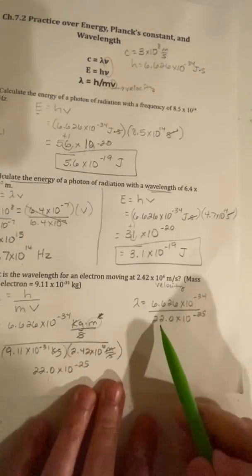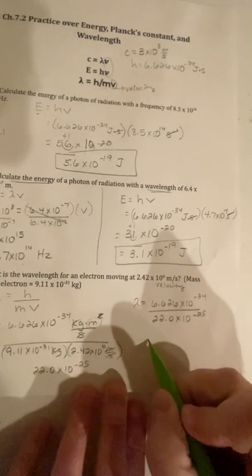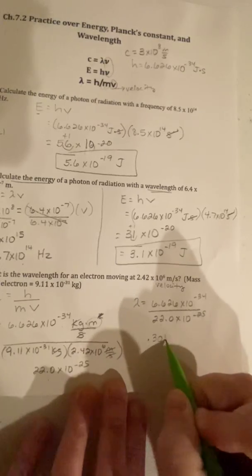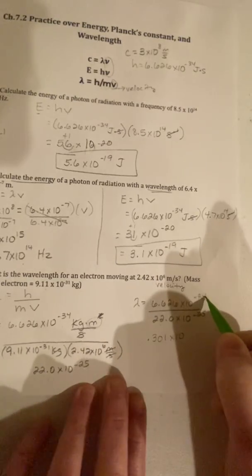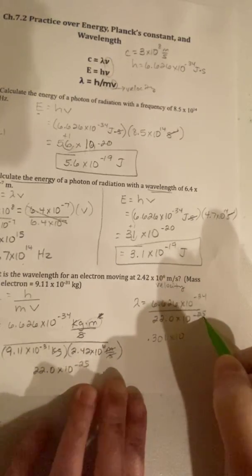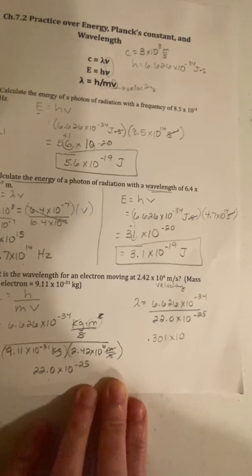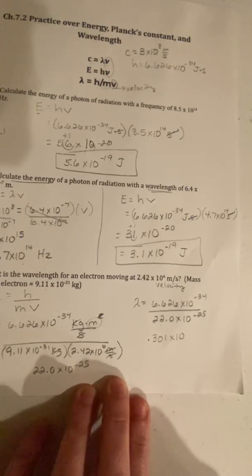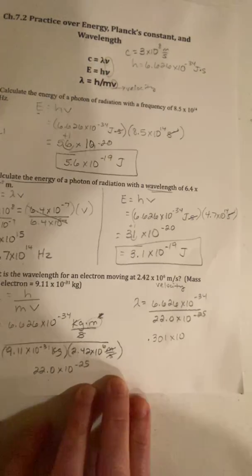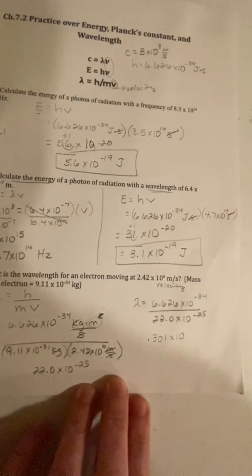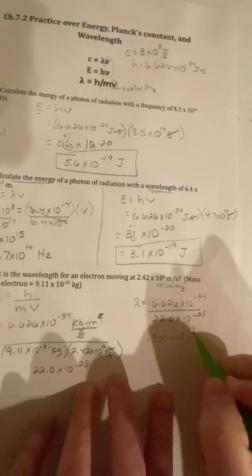I need three significant figures, so that's going to be 0.301 times 10 to the -34 minus a -25. I did that calculation wrong. So that's going to be -9.